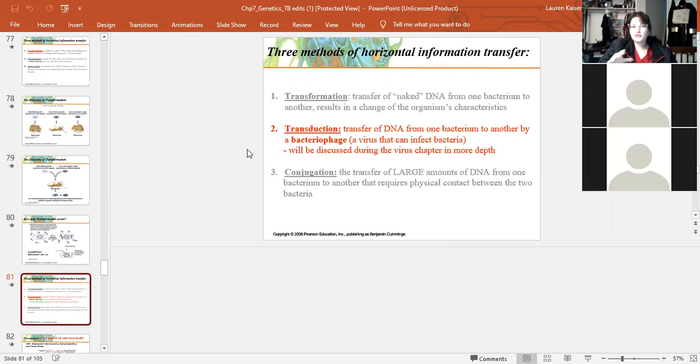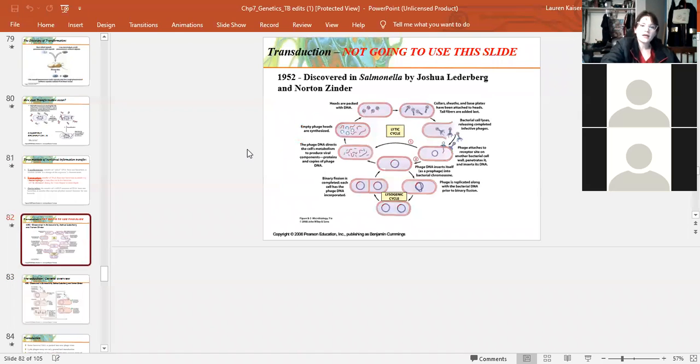For transduction, I know there's two trans and then conjugation, you'll know. But transduction is the transfer of DNA by a bacteriophage. It will be discussed more, obviously, but what you really need to know is the lytic versus lysogenic cycles.